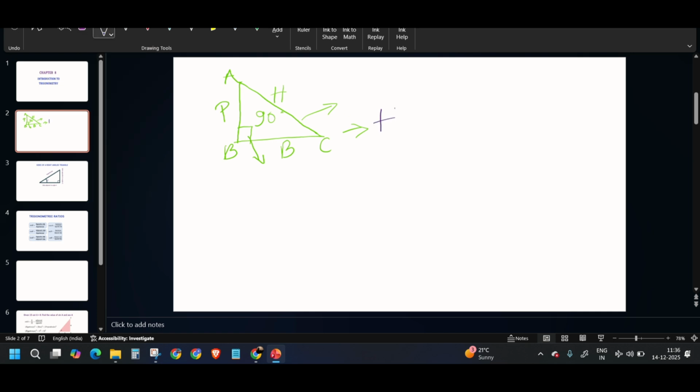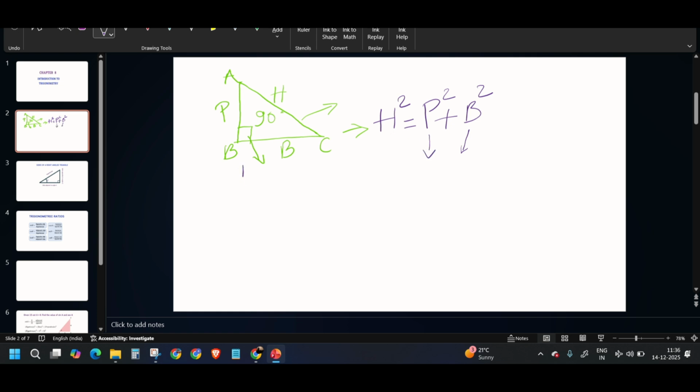If we take the square, h square will be p square plus b square. So the square of the hypotenuse will be equal to the sum of the perpendicular square and the base square.